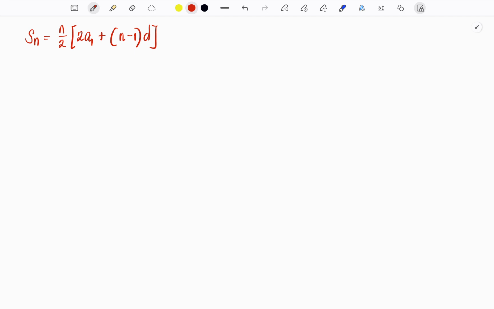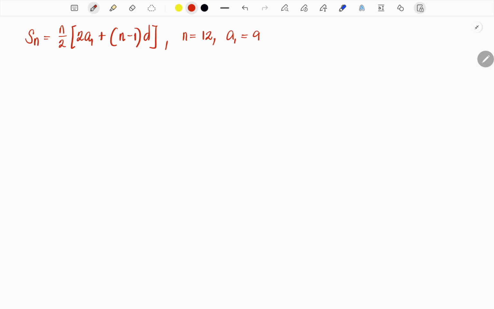This approach is a little handy because we don't need to calculate the last term here, as long as you have the first term and the common difference. So we already know that n is equal to 12 and a sub 1 is equal to 9.